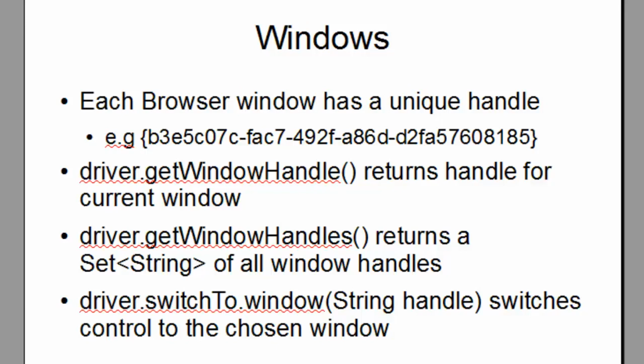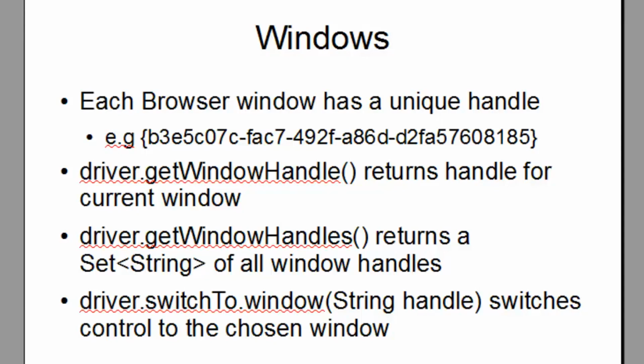So if I issue a driver.getWindowHandle, I will get the handle for the current window. And if I do driver.getWindowHandles, I will return a set of strings of all the window handles that are currently available to me. And if I do driver.switchTo().window, because again we're changing the context, and put the handle in that I've retrieved from getWindowHandle or getWindowHandles, then I can switch between the different windows.